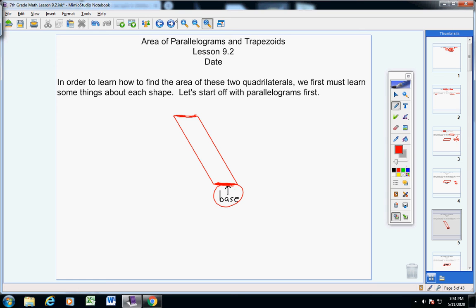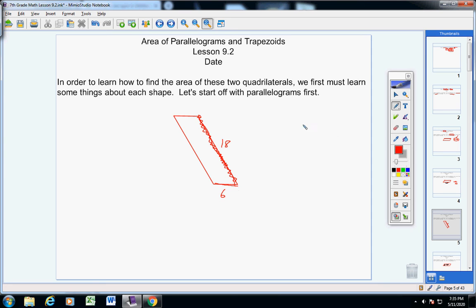Now let's talk about the height of a parallelogram. For example, if we had a parallelogram like this here, and I told you this length here was 6, and this length right here was 18, do you understand the height of the parallelogram would not be 18.